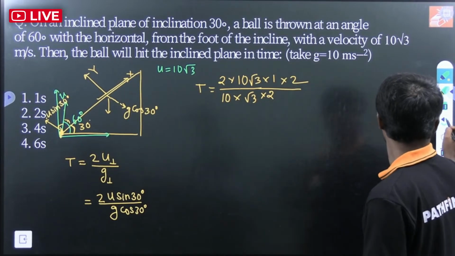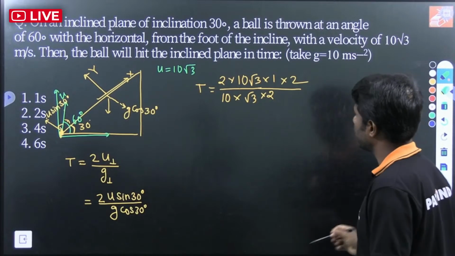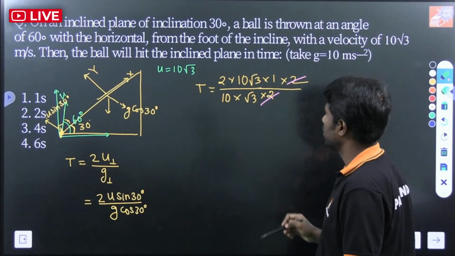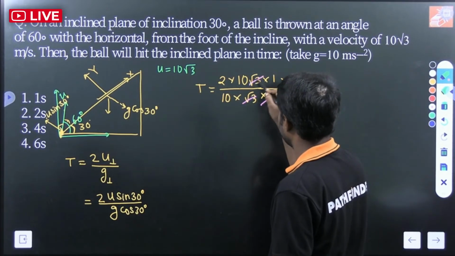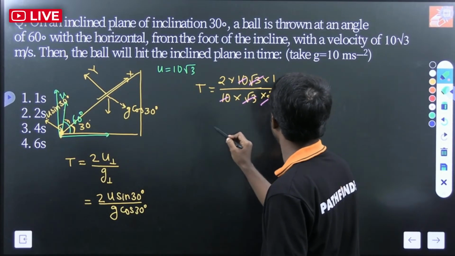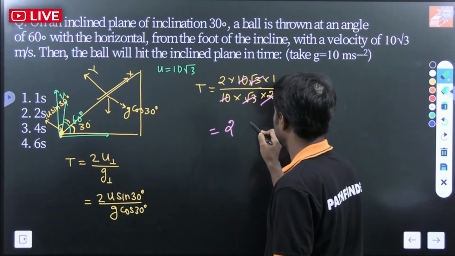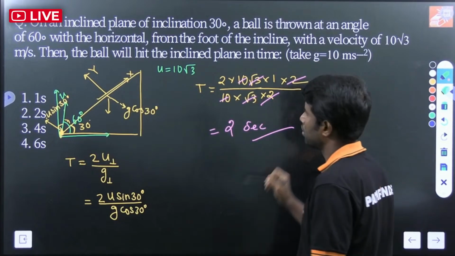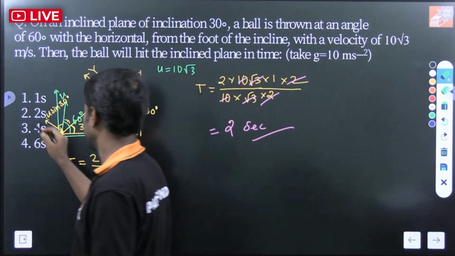Clear? So now we have to do that simple calculation, so this 2 will be cancelled and this root 3 will cancel. So finally t equal to 2 seconds. Okay, so this will be the answer.